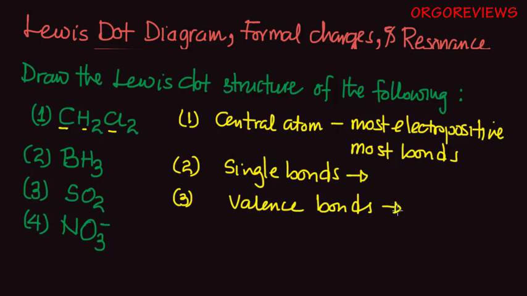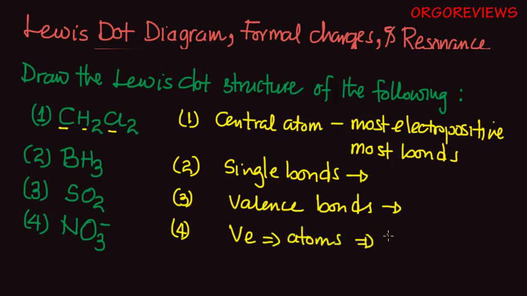To do that, you have to obtain the valence electrons for each one of the atoms. And if there's more than one atom, you multiply by the number of atoms and add all of them together. The next rule is that you then distribute these valence electrons around the different atoms.